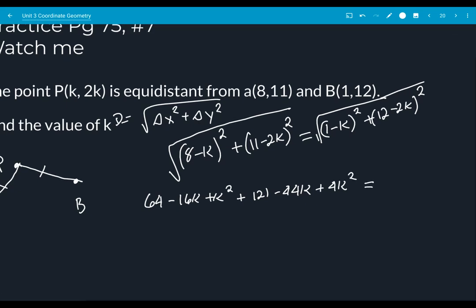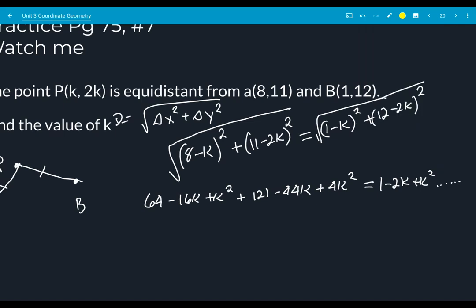It's all going to be equal to 1 minus 2k plus k squared, plus the other one. I run out of room, so I'll get that on the next line.